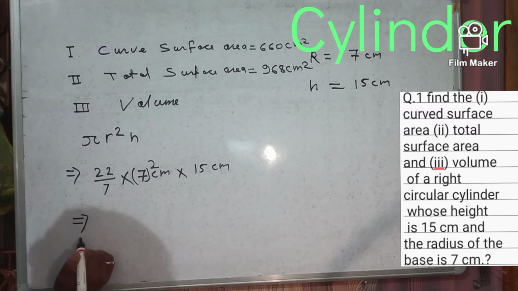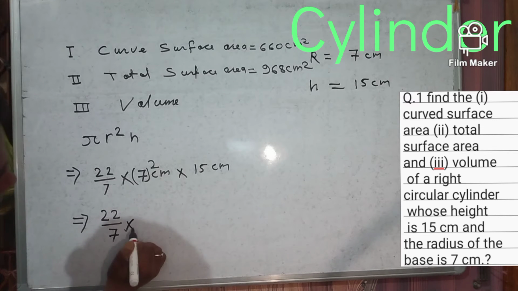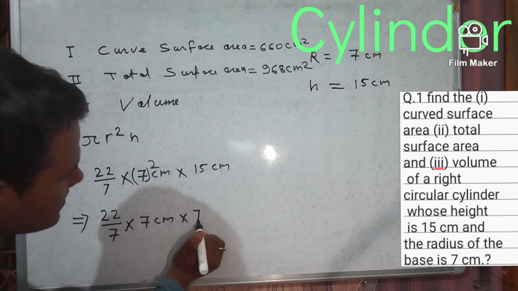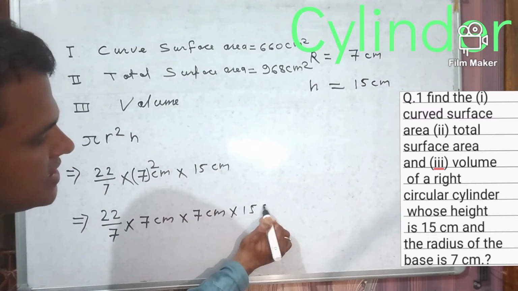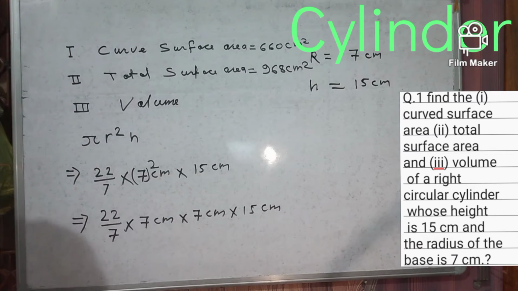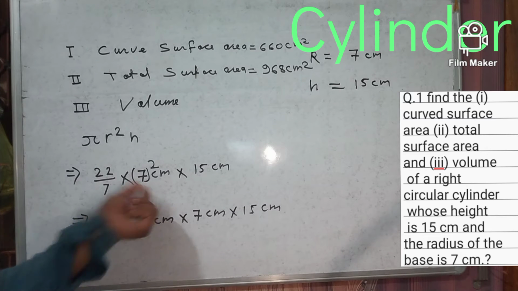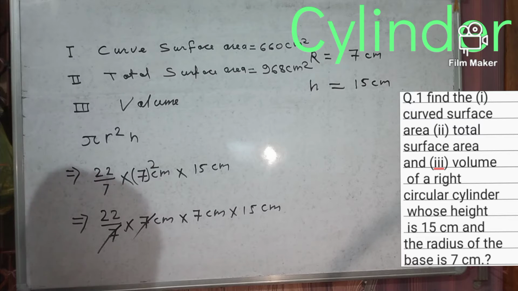So it will be 22 by 7 into 7 centimeter into 7 centimeter into 15 centimeter. 7 centimeter into 7 centimeter is just 7 square. So 7 and 7 cancel.